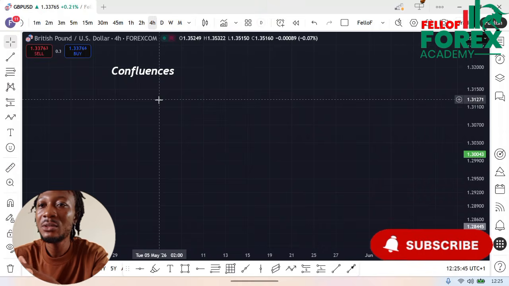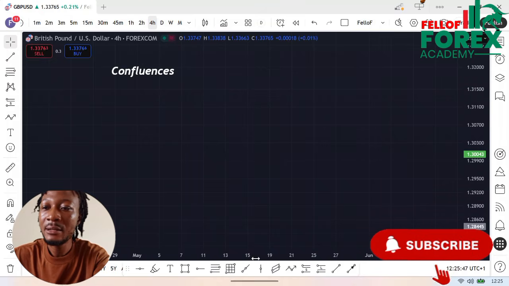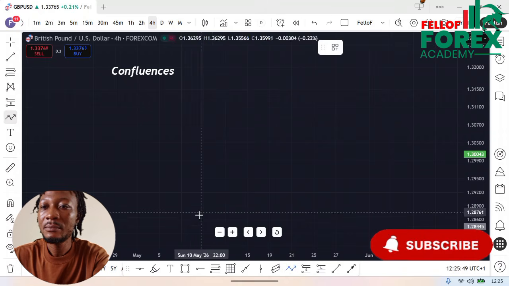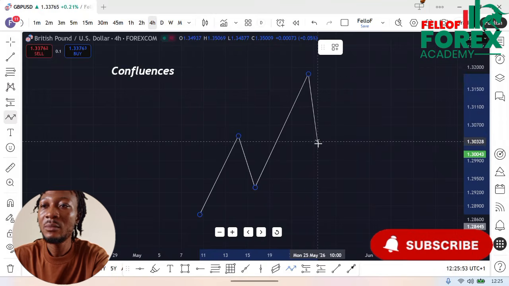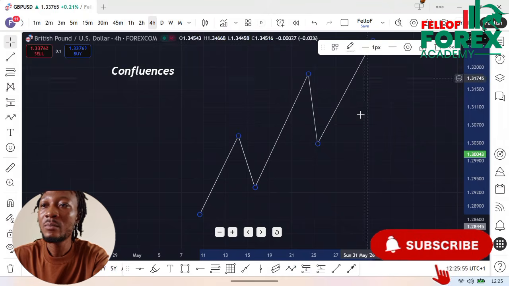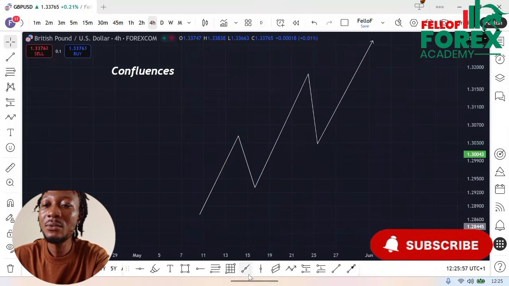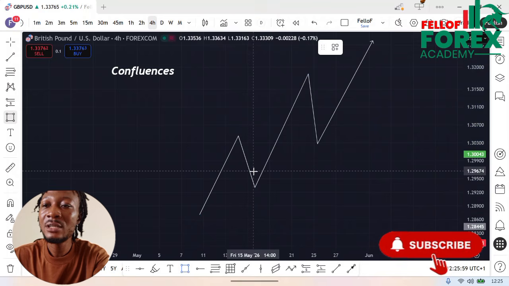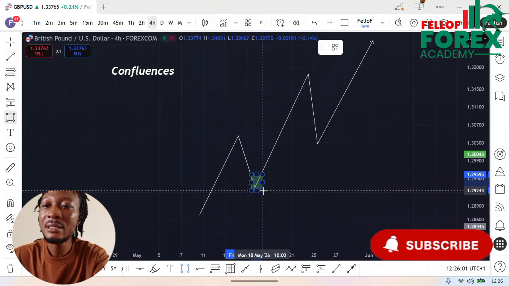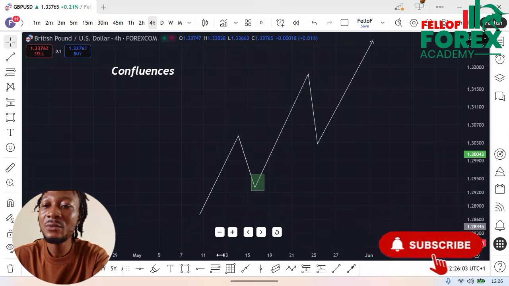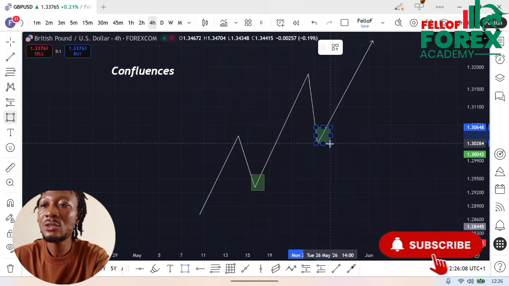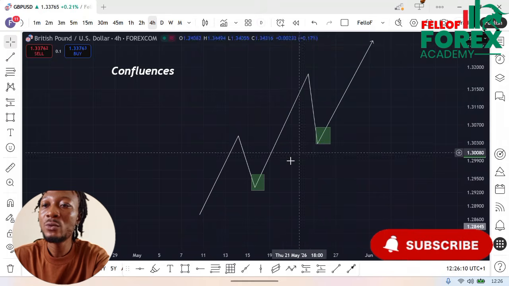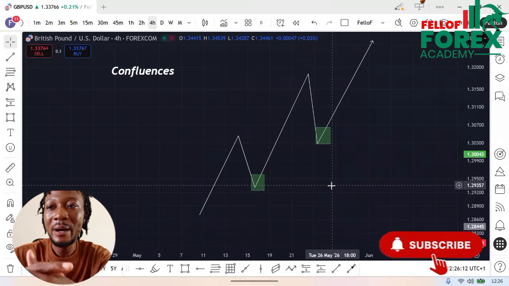Let's take, for example, you are in an uptrend. Price is creating higher highs, higher low, higher high, higher low, higher high. The question is, how do you get your entries around these levels? What are the things that give you the validation that it's time to get in? Because normally this is where you look for your entries, around these pullbacks.